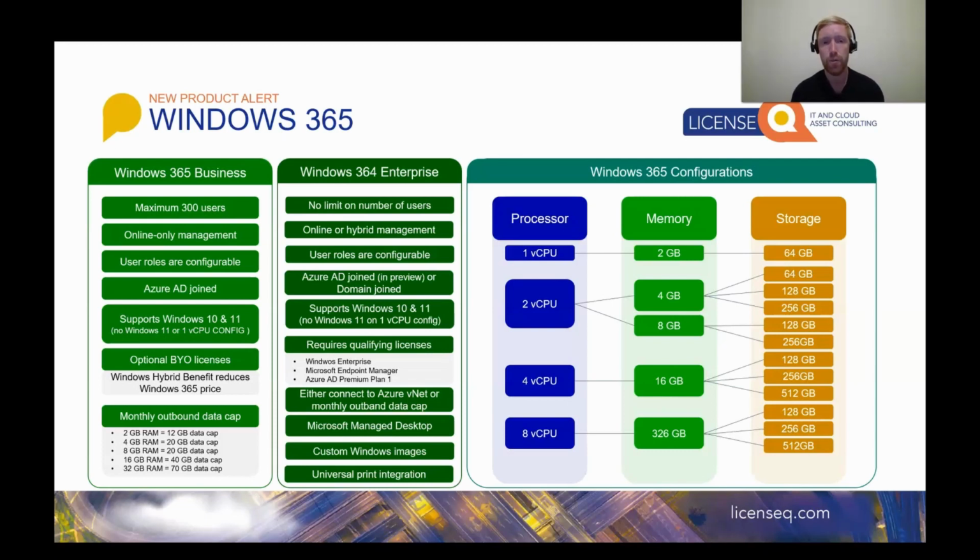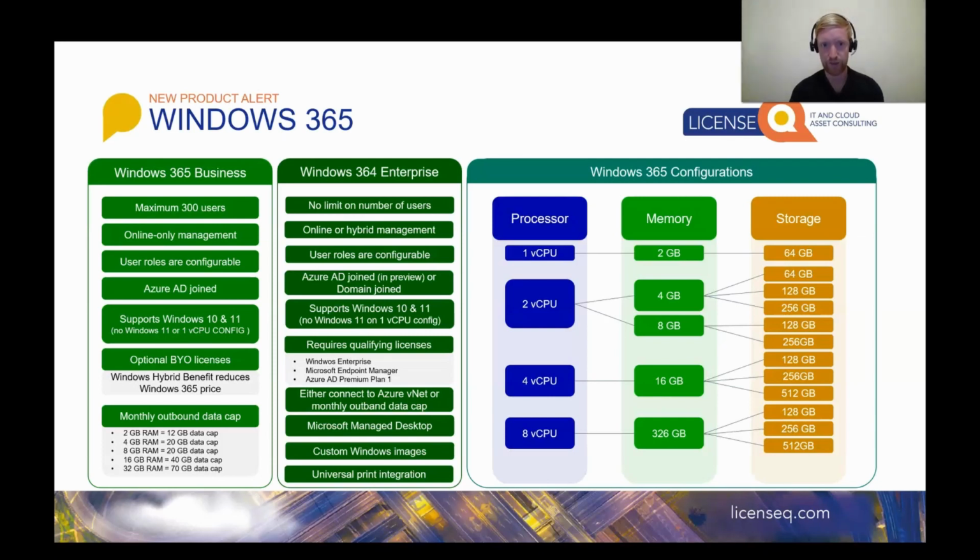And it requires some qualifying licenses. So you would need, again a typo, apologize, Windows Enterprise licenses, you would need Microsoft Endpoint Manager licenses, and you would need Azure AD Premium Plan 1 subscriptions. So basically, you would need a Windows OS and potentially an EMS suite to be able to use it.